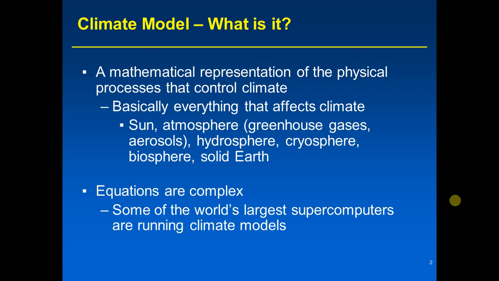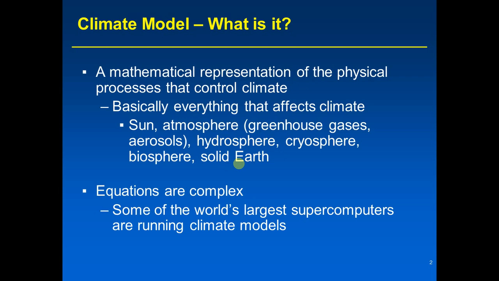And that's basically everything that affects climate, including the sun, source of all energy, the atmosphere, which is composed of greenhouse gases, aerosols, and other factors, the hydrosphere, the sphere of water, liquid water, the cryosphere, the sphere of ice, or the frozen sphere, if you will, the biosphere, the sphere of life, and the solid earth, also known as the geosphere.